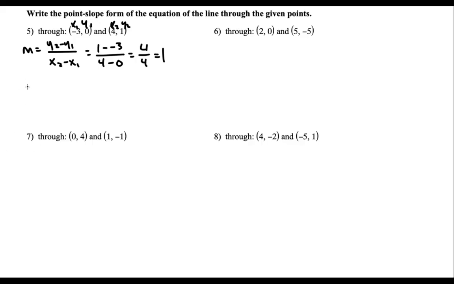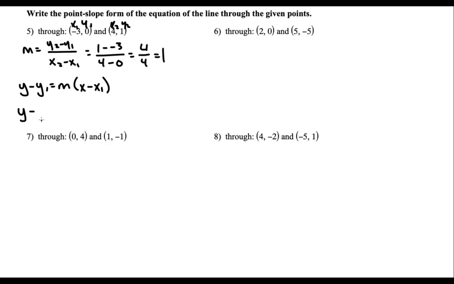And now we're going to use our equation y minus y1 equals m times x minus x1 to come up with the equation we want. And I will choose to use this point here, although I could have easily chosen this one instead. It doesn't matter. I'm just going to choose one. We'll use this one here.